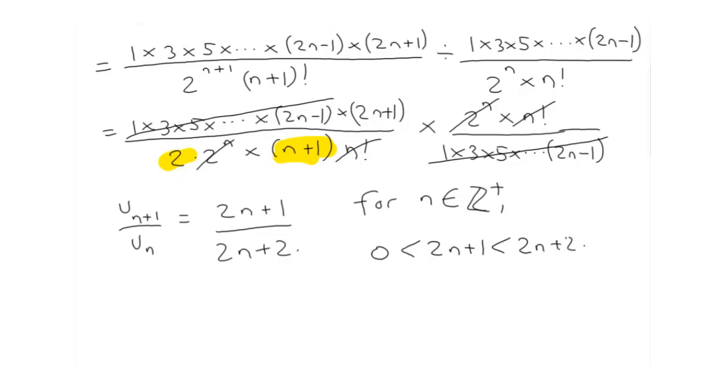So that means that u_{n+1} over u_n is less than 1, and it's greater than 0 for all positive integer n.